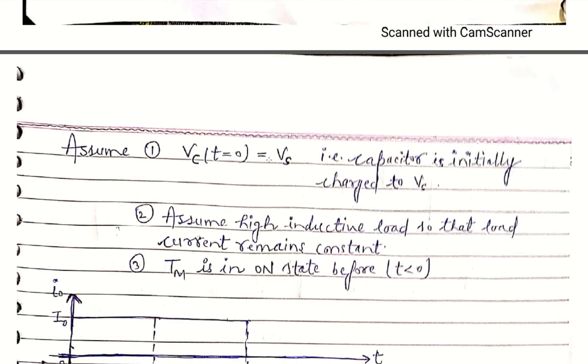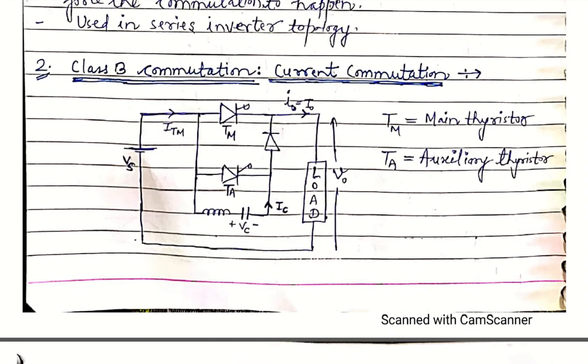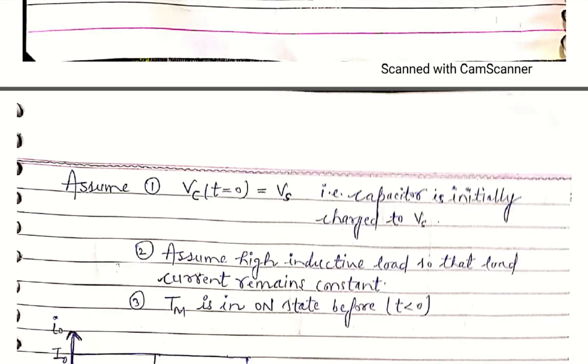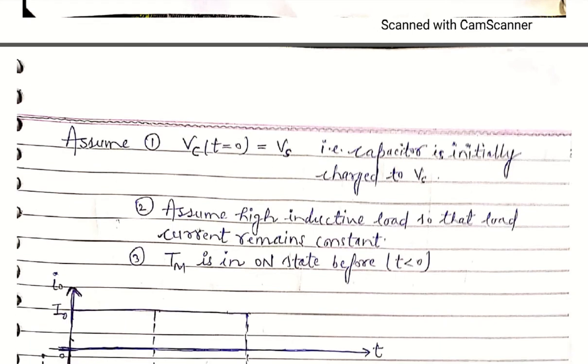Second, assume a highly inductive load so that the load current remains constant. So I0 equals I0, the constant DC current flowing through the load, because the load is highly inductive, and Tm is in the on state for t less than 0, that is, t equals 0 minus.